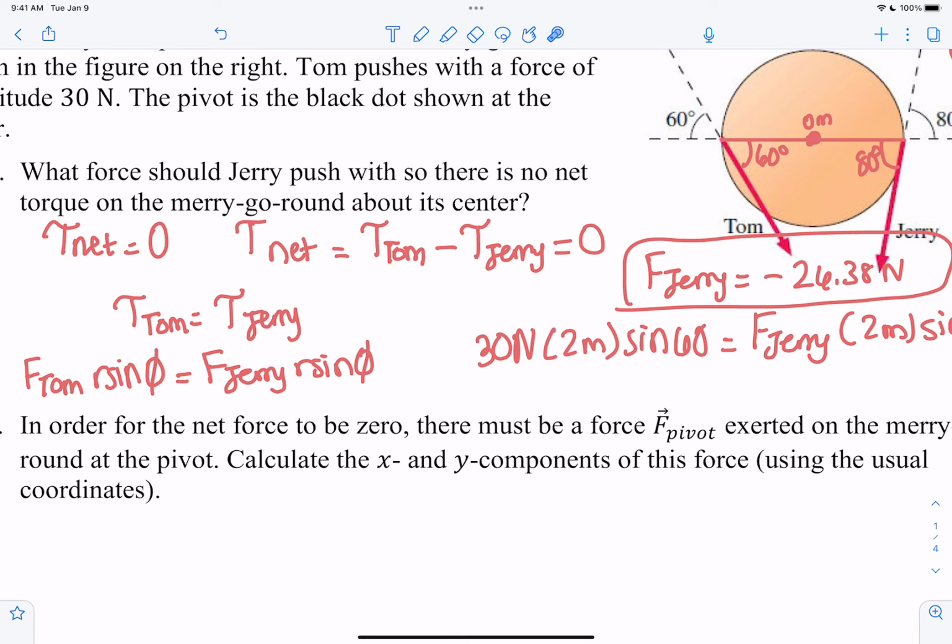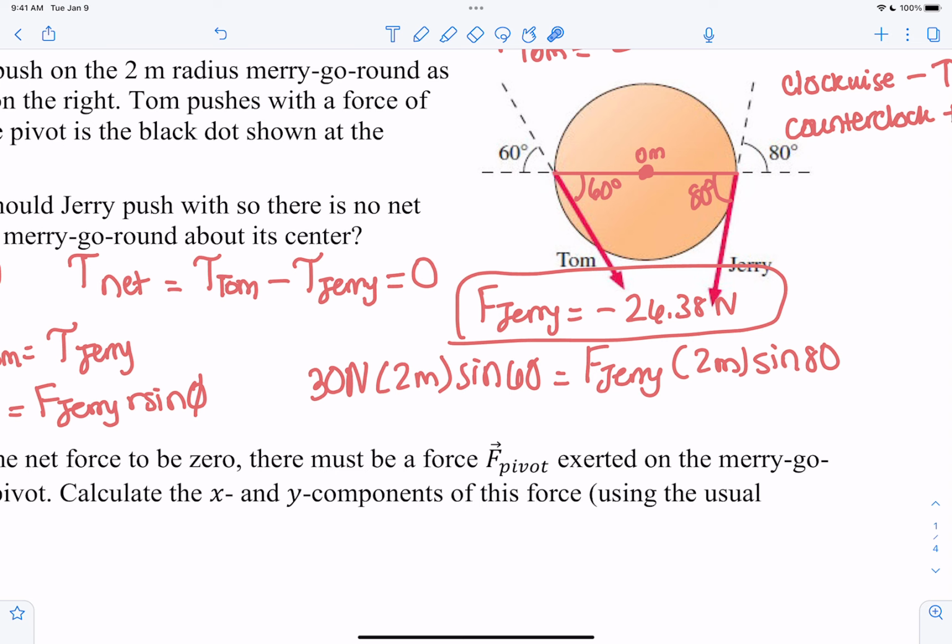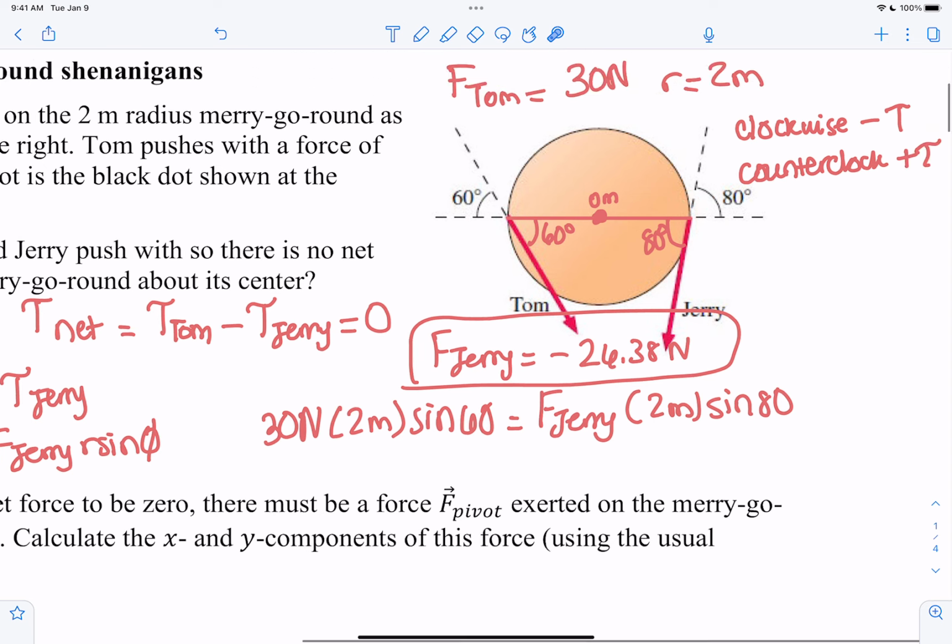Now, in order to get the actual force, because they're asking for the force, not the magnitude, I have to add a negative sign at the end to indicate that yes, there is a clockwise torque provided by Jerry that allows a negative torque, and that negative torque exists because of a negative force, basically. Does that make sense? Yeah, so clockwise you have a negative force and therefore a negative torque. Counterclockwise, positive force, therefore a positive torque.